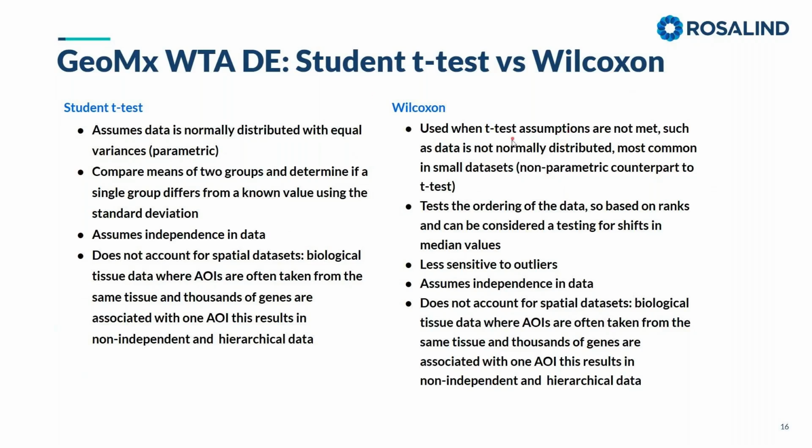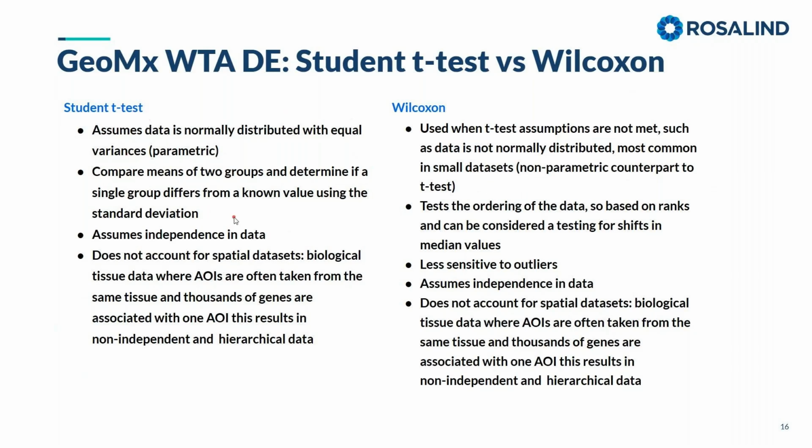So this essentially says, I don't think that my data has enough strength to have normally distributed data. So if you have enough N to believe that your data is normally distributed, you'll use the student t-test. If you don't have enough N, you'll use Wilcoxon.